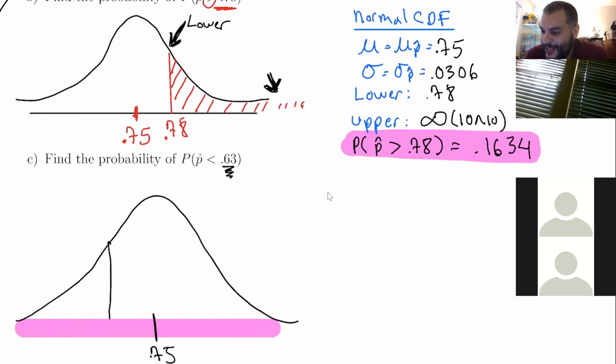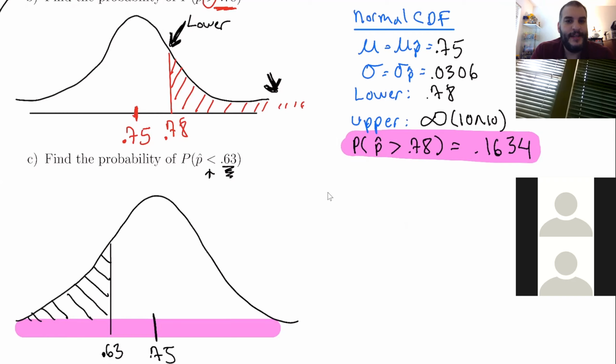So 0.63 is smaller than 0.75, so you put it on the left-hand side of 0.75. If you look at the symbol that we have here, it says less than. Since it's saying less than, that means we want to shade the left-hand side. So you shade the left-hand side. So far, everybody good with that shading?